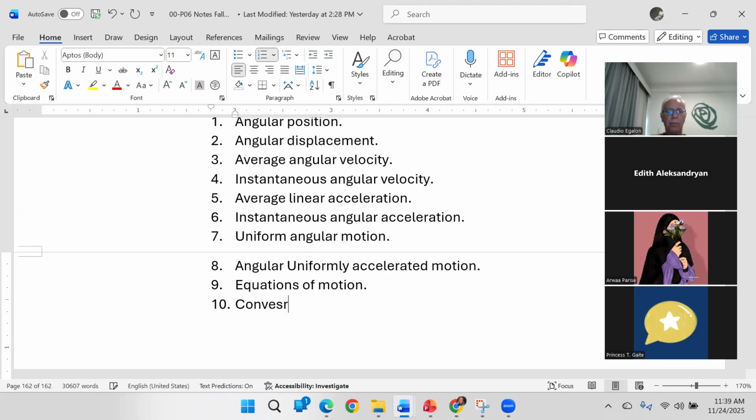Conversion of linear quantities into angular quantities, and vice versa. So what are we going to start doing now?